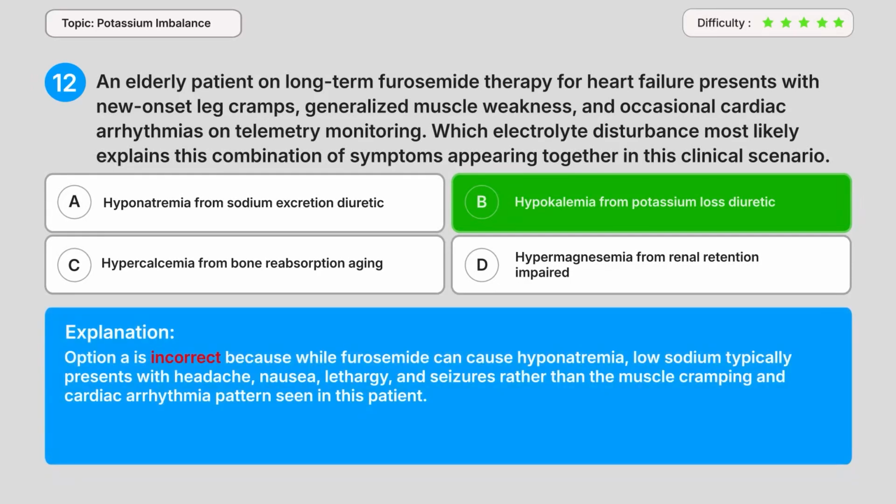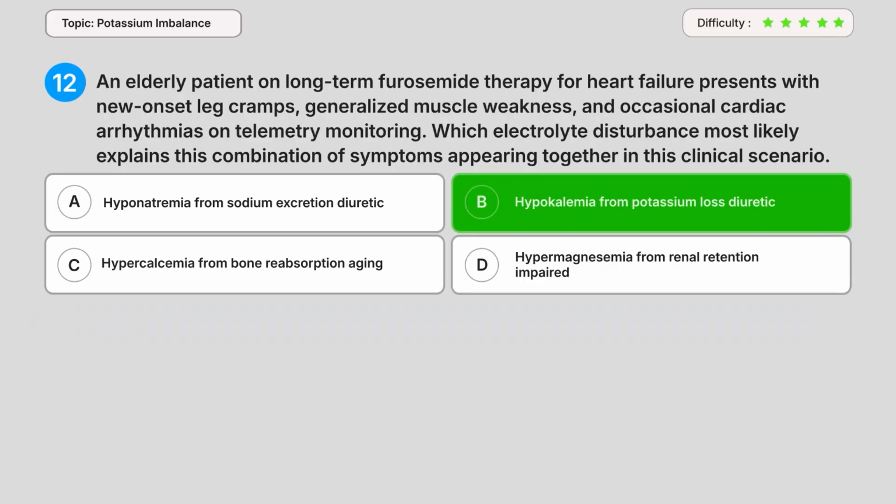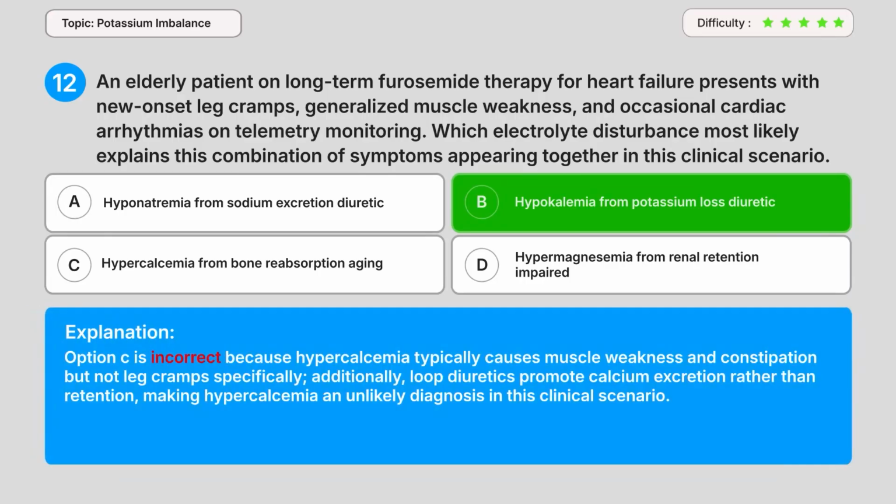Option A is incorrect, because while furosemide can cause hyponatremia, low sodium typically presents with headache, nausea, lethargy, and seizures, rather than the muscle cramping and cardiac arrhythmia pattern seen in this patient. Option C is incorrect because hypercalcemia typically causes muscle weakness and constipation, but not leg cramps specifically.